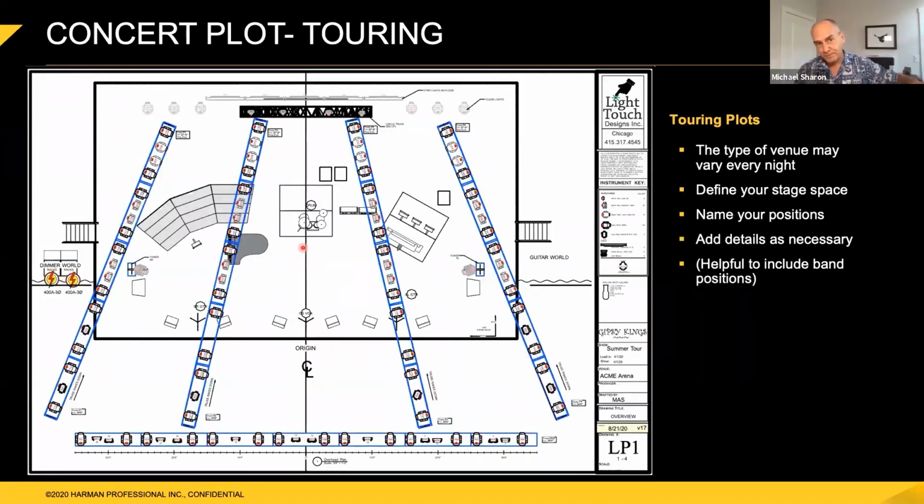So that's theater. Let's now move to another scenario of a concert touring plot. When you're going to be doing a concert tour, you're not going to have the given things of electric pipes and a catwalk and all of the fixed things that you typically have in a theater.